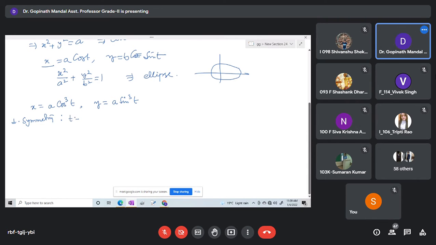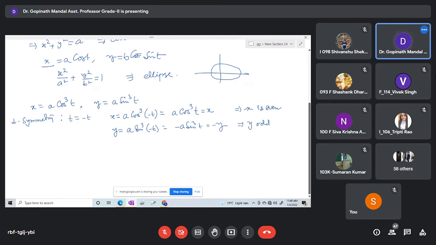symmetry. Put t equal to minus t, then we get x equal to a cos cube of minus t, that is a cos cube t, that is x. This implies x is even, and for y, a sin cube of minus t will be minus a sin cube t, so that is minus y.